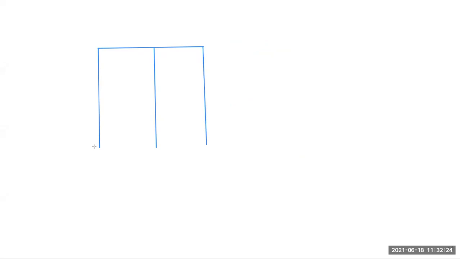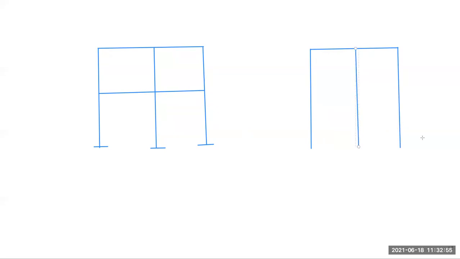These are the fixed joints. These are also fixed joints. And this is another panel. Next, this is one column, another column, and another column. Here we provide a fixed support.